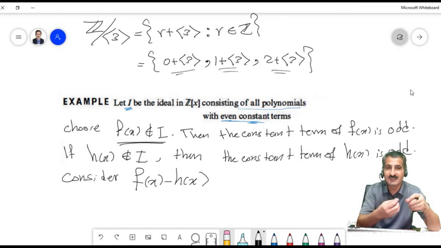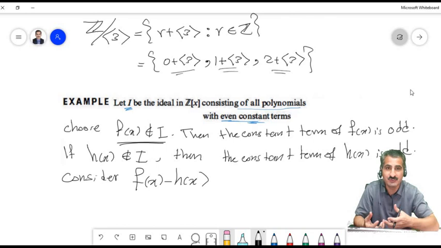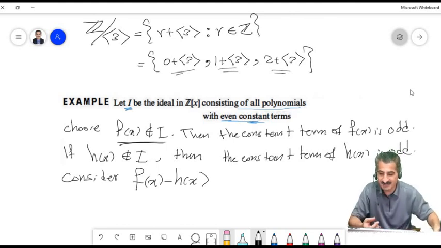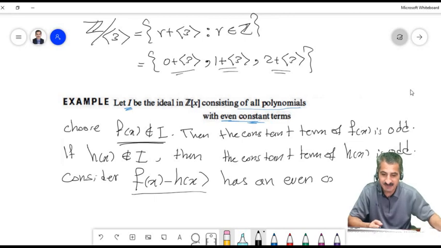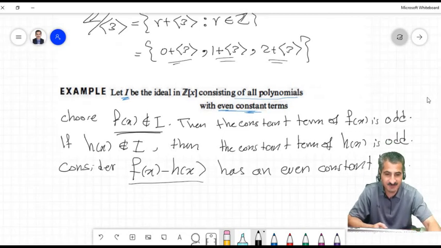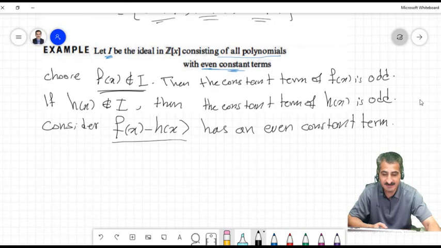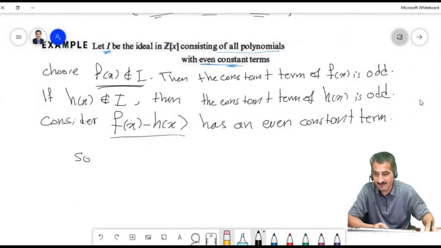Now, the constant term in that subtraction will be odd minus odd, which is even. So f of x minus g of x has an even constant term, right? So that means f of x minus g of x belongs to I.